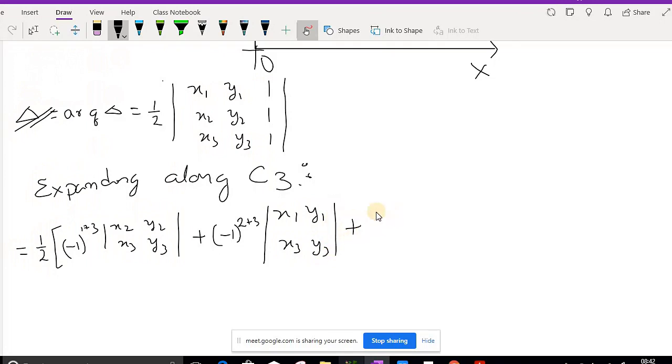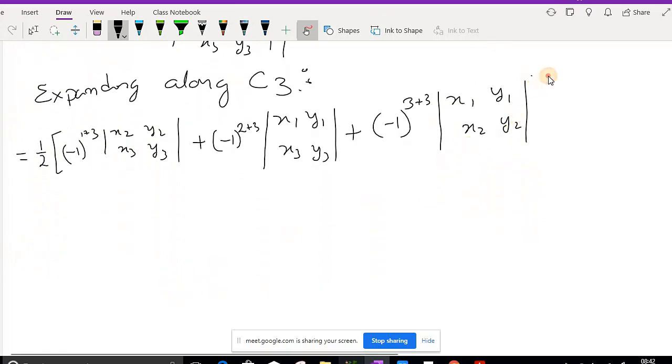Then a plus symbol again, then minus 1 to the power 3 plus 3, with 1 here. Leave the row and column containing this element, so the remaining determinant is x1 y1 x2 y2.